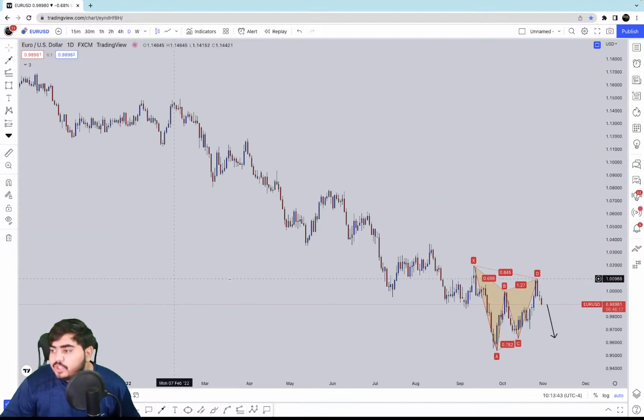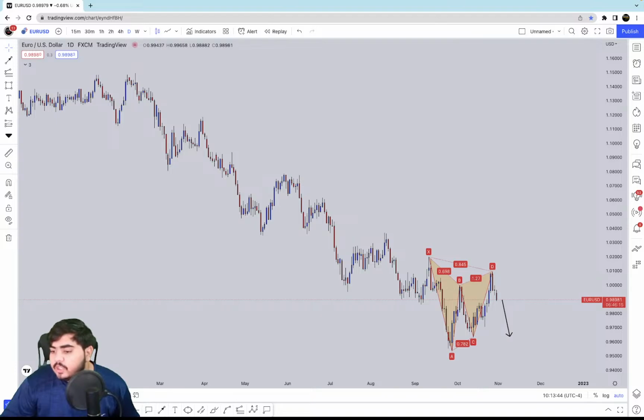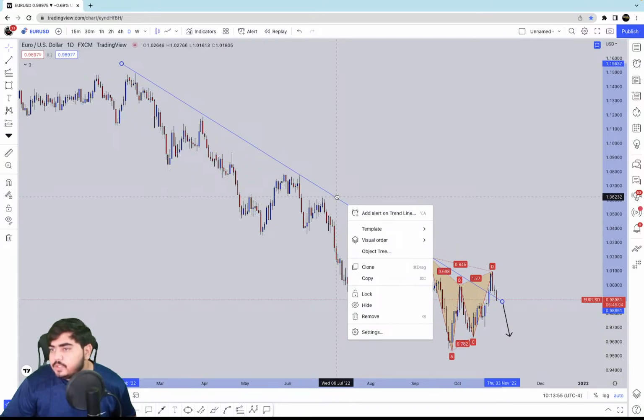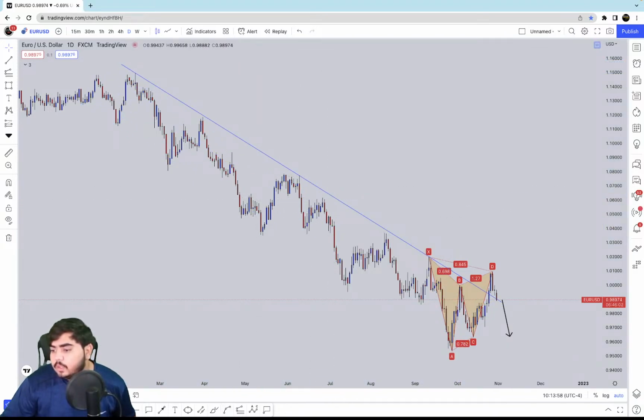Also, if we look at the overall trend, we have a bearish channel right here, from which the market has made a fake out, and now we are moving inside again. So that's also a bearish thing for the Euro USD.